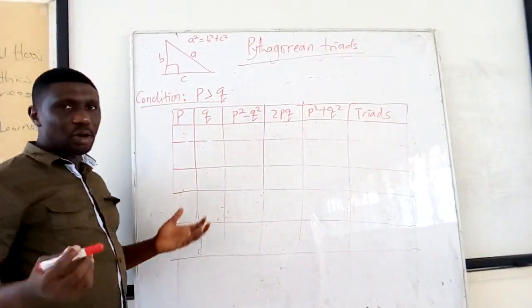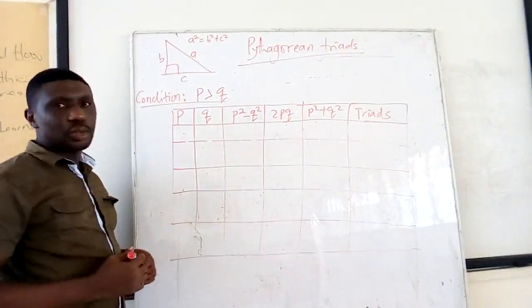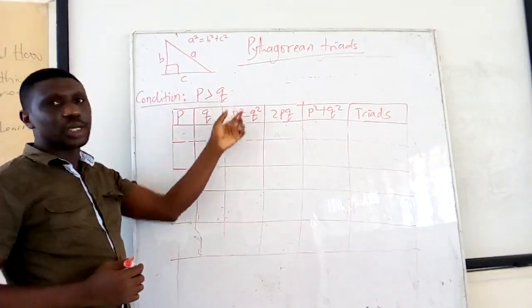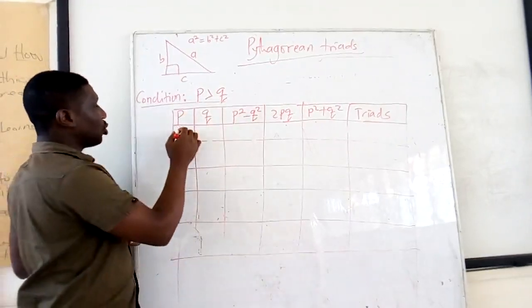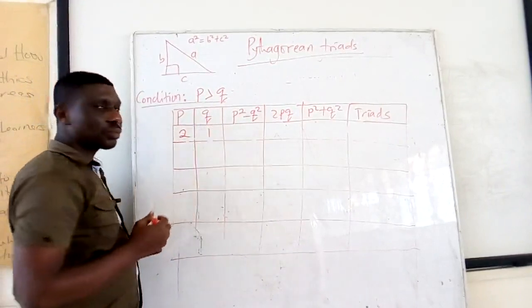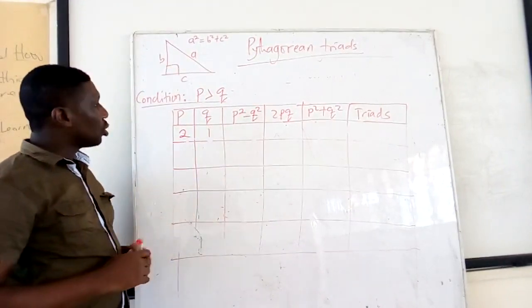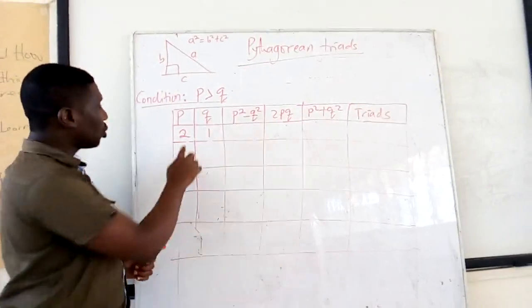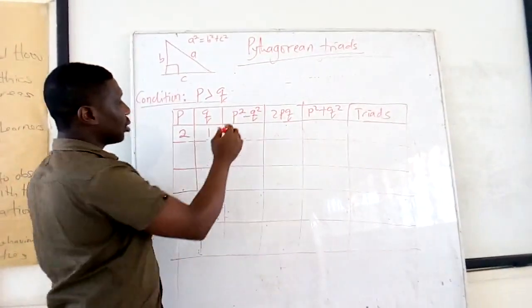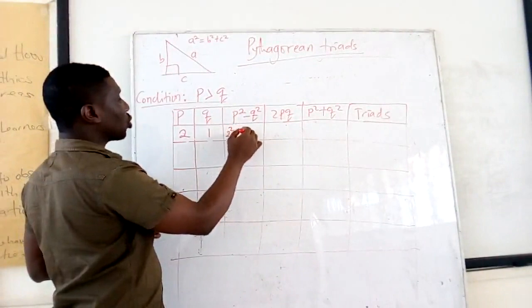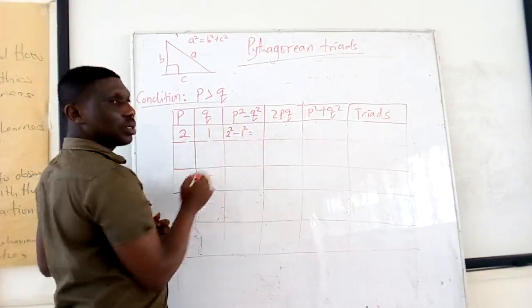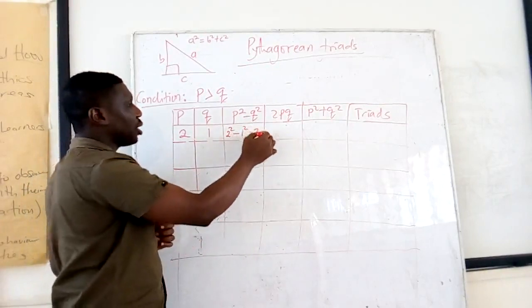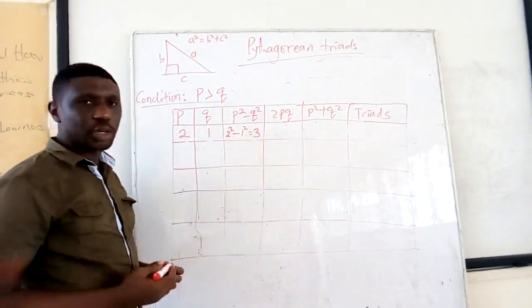So let's try for any two natural numbers where we will just make sure that P is greater than Q. So let me choose 2 and 1. We are going to plug these values in. 2 squared minus 1 squared will give us 4 minus 1, which is 3. So one of the triads will give us 3.